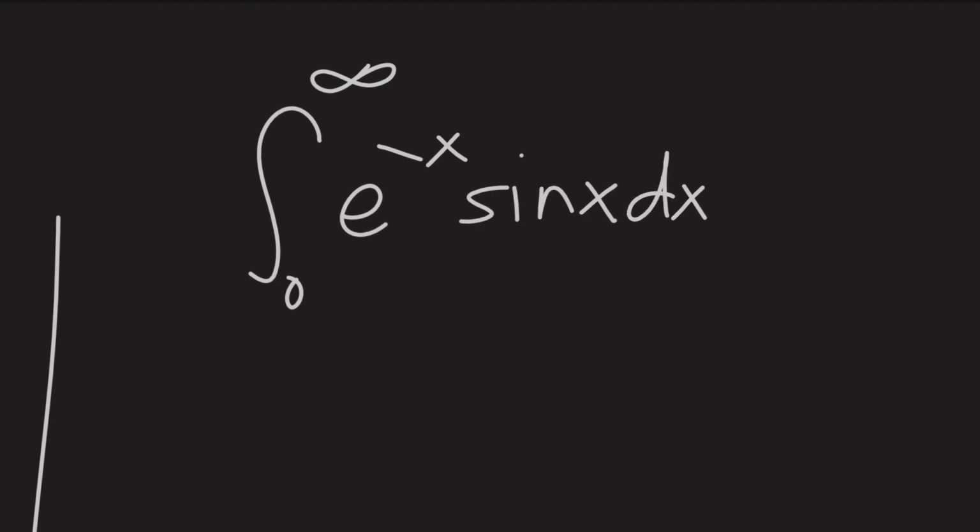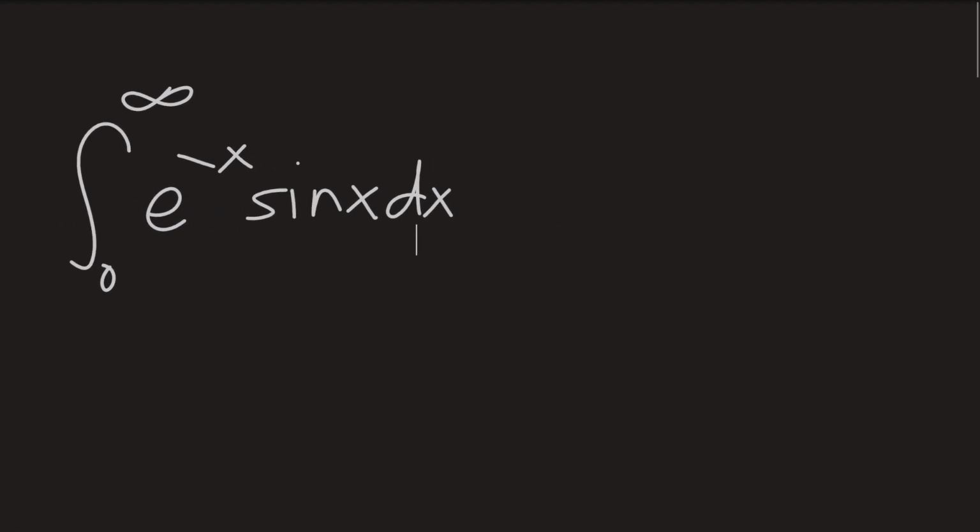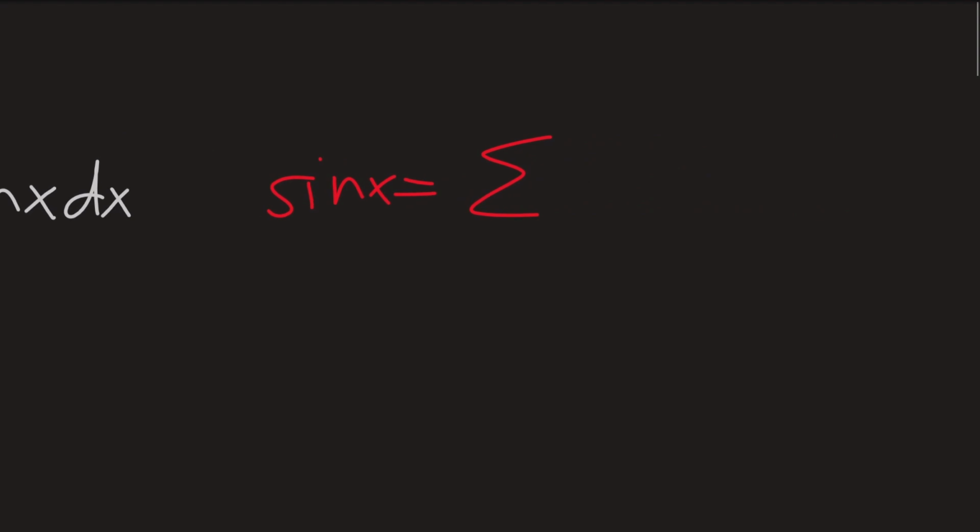And we know that sine of x, by the series for sine of x, is the sum from n equals 0 to infinity of x to the 2n plus 1 over 2n plus 1 factorial, times negative 1 to the n.